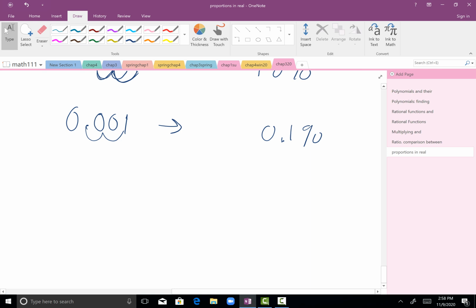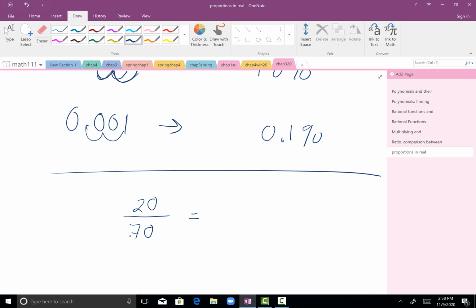Fractions and decimals. Let's see, converting a decimal. I think it's converting a fraction to a percent. So a fraction to a percent, that's just dividing. So if you've got 20 divided by 70, take your calculator, take 20 divided by 70.